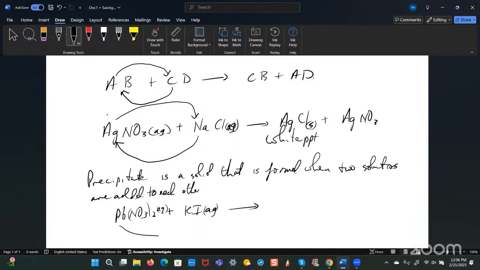You're going to end up with KNO3, and this will remain in an aqueous solution, and you're going to have PbI2, which is going to be a solid. In fact, if I remember correctly, this would be a yellow solid. So again, this is another example of a precipitation reaction. Let me make sure I balance this equation. You're going to have a 2 here and a 2 here.